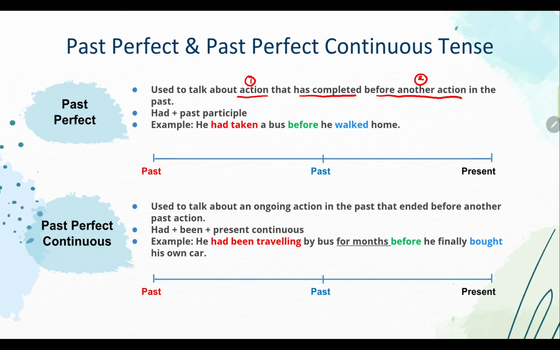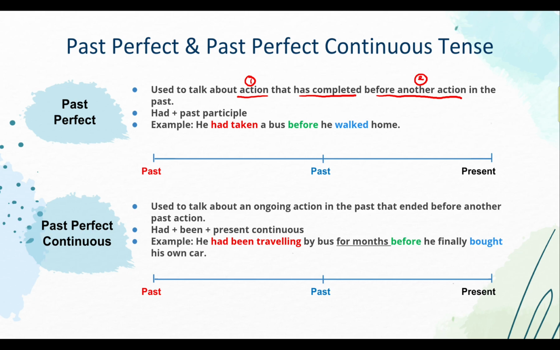So, we are talking about two actions in one sentence and both of the actions happened in the past. So, kita guna past perfect ni bila kita nak cerita tentang dua perkara yang berlaku pada masa lalu. Okay, tapi antara kedua-dua action itu ada satu yang berlaku sebelum yang satu lagi.